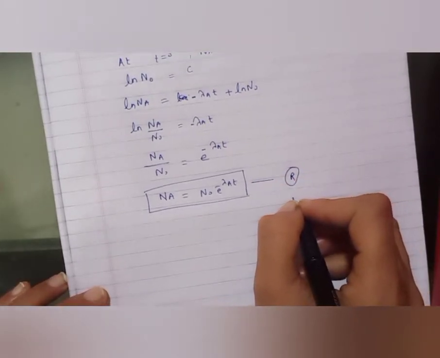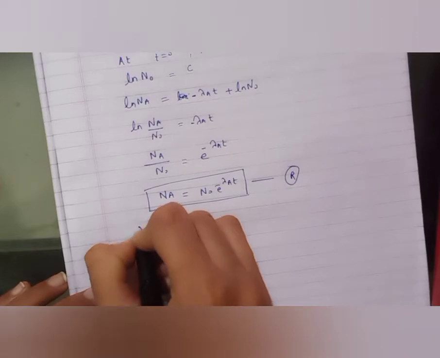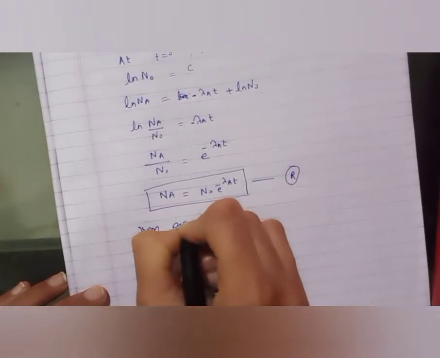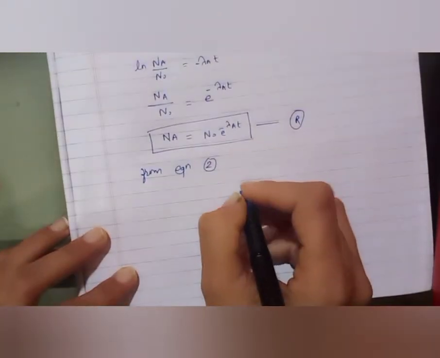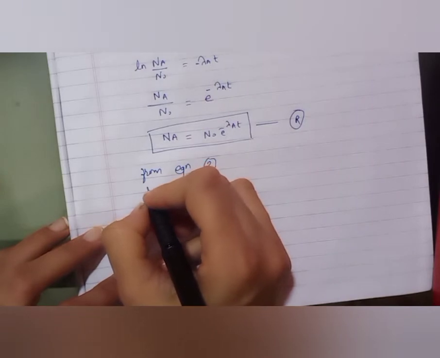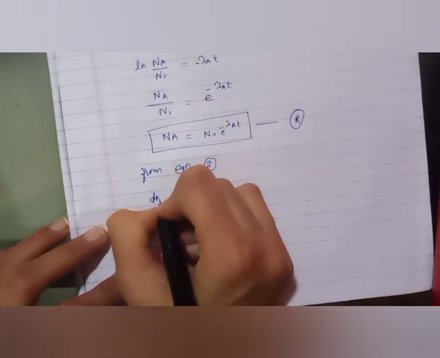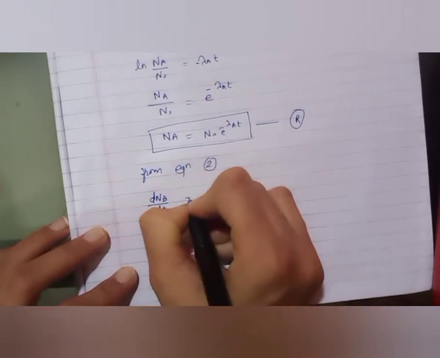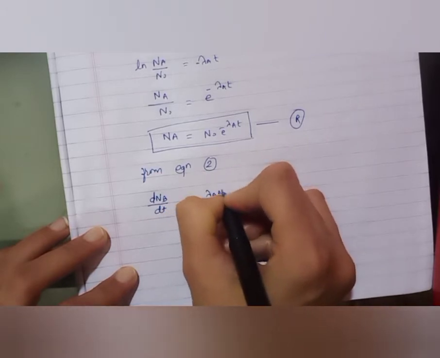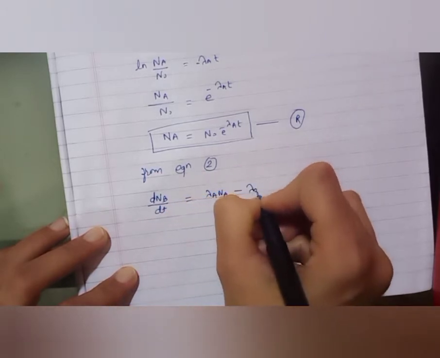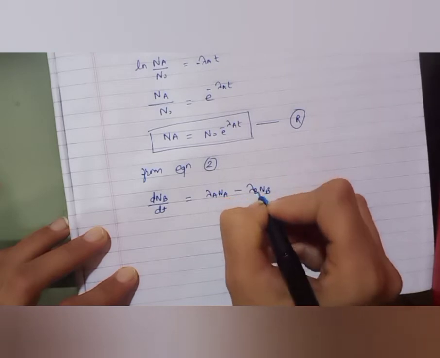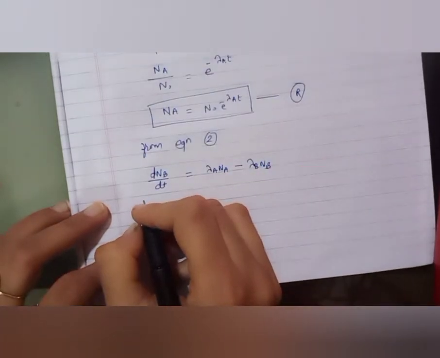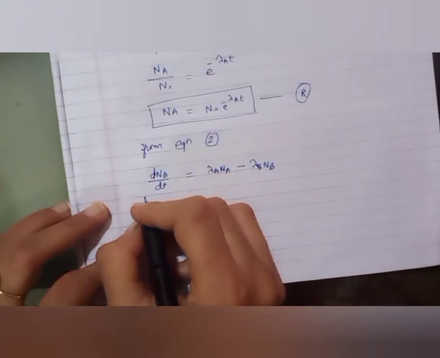Now from equation 2, dNb upon dt equals lambda A Na minus lambda B Nb. Now we will substitute the value of Na.